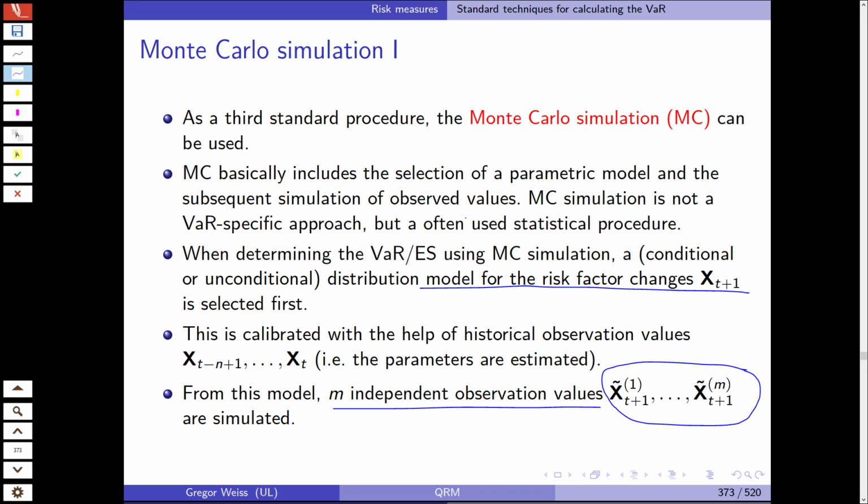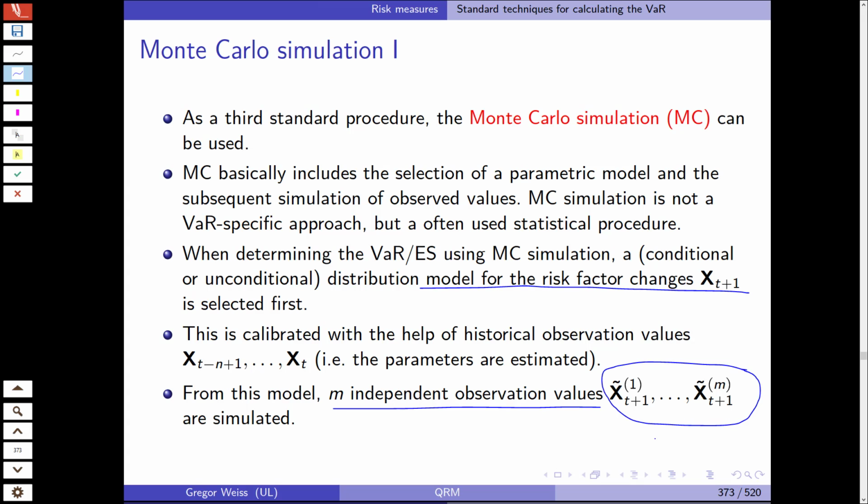The nice feature and the difference between this approach and historical simulation is that you're not using historical risk factor changes, but assumed risk factor changes, based on assuming different distribution models for all those different risk factors.